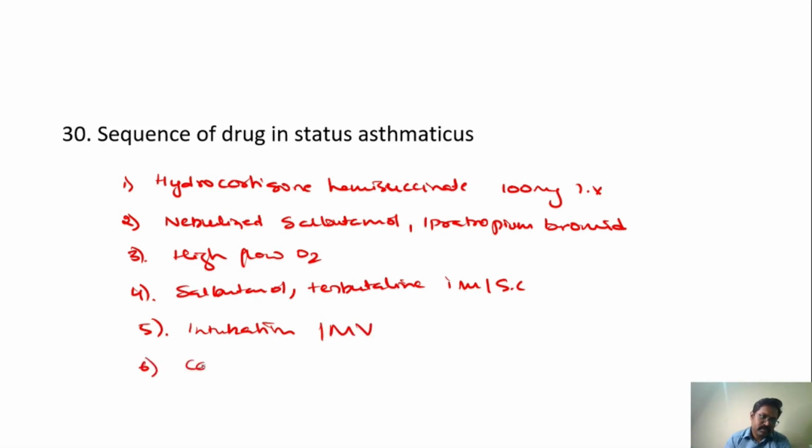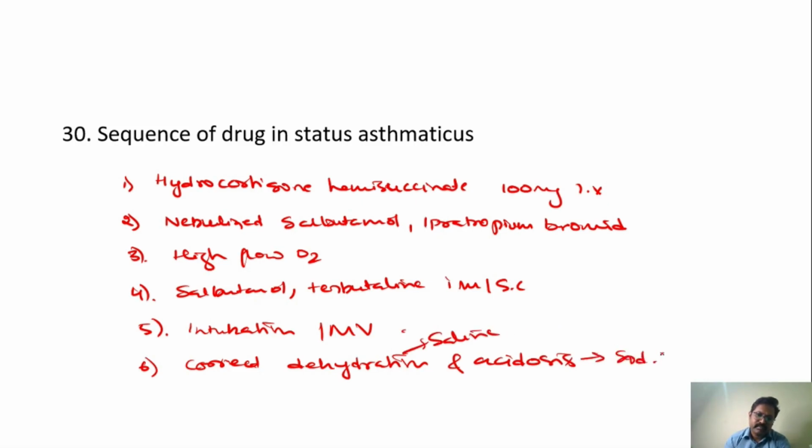Next step is to correct the dehydration by giving normal saline, and also you need to take care of the acidosis. Acidosis can be treated by sodium bicarbonate. Then you can also give aminophylline. So this is the sequence of drugs used in the treatment of status asthmaticus.